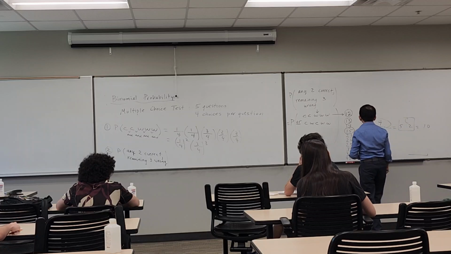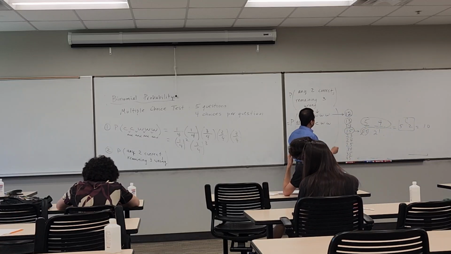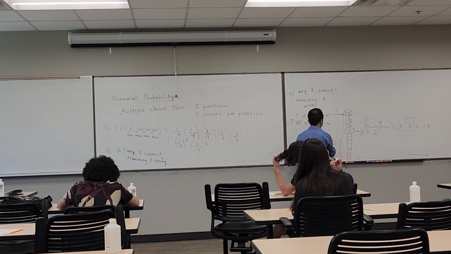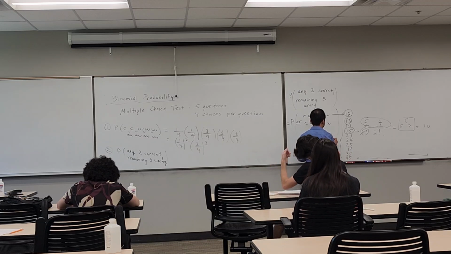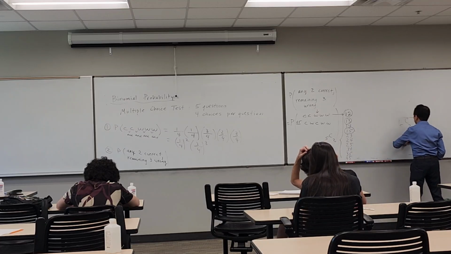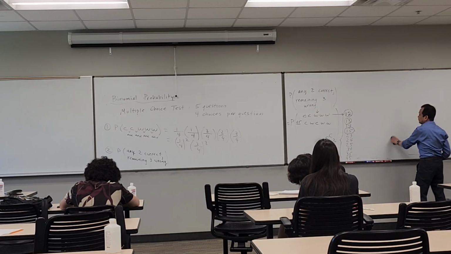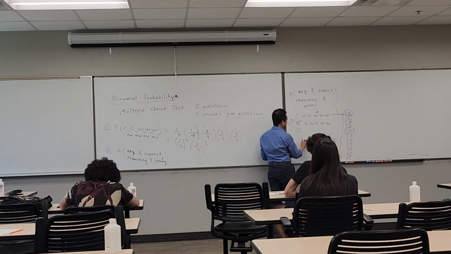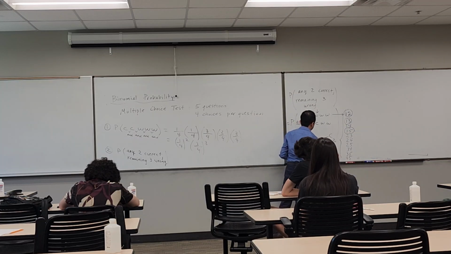Okay. So the total number of possibilities here ends up being 5 choose 2, or 10. So that means that any one of these possibilities could occur, and there's a total of 10 of them.